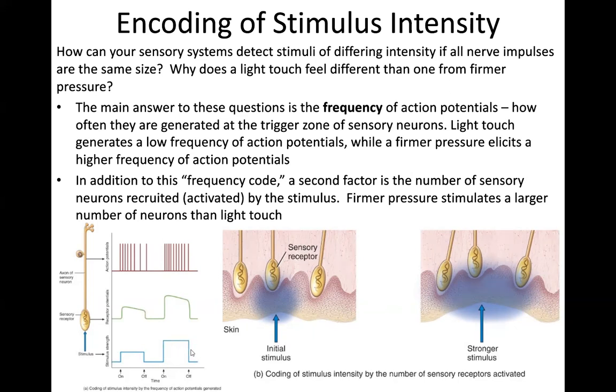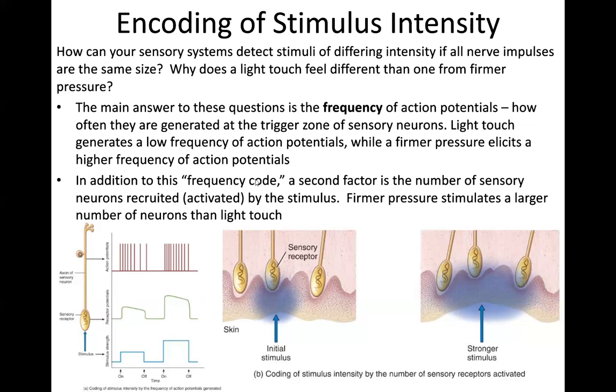With a higher intensity stimulus, we create action potentials more frequently, and this would be like what happens with a firmer pressure. So light touch means a lower frequency and therefore fewer action potentials. Firmer pressure would result in more frequent action potentials and therefore a higher number of action potentials.